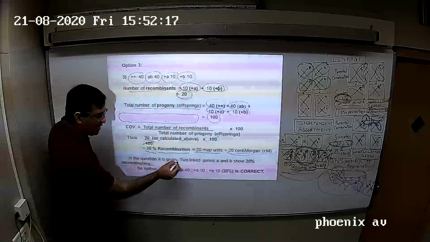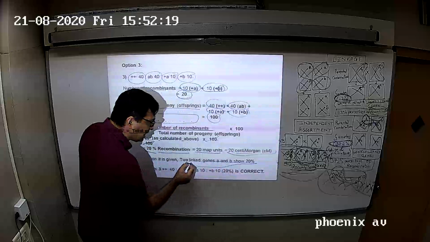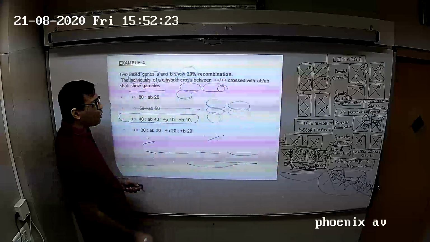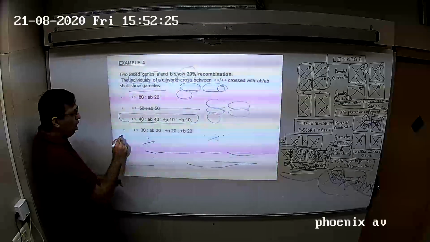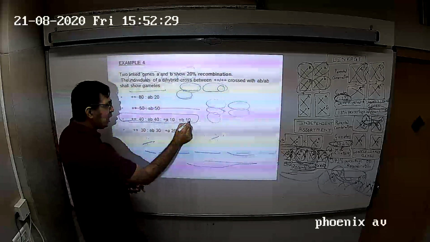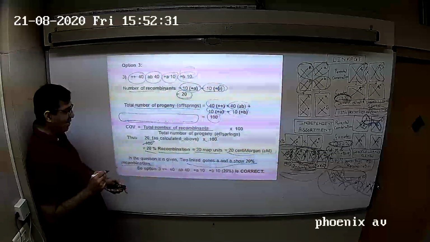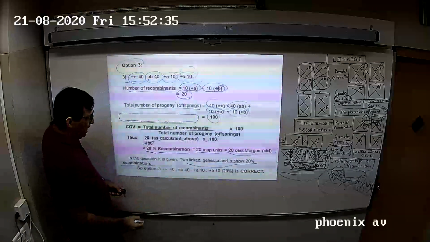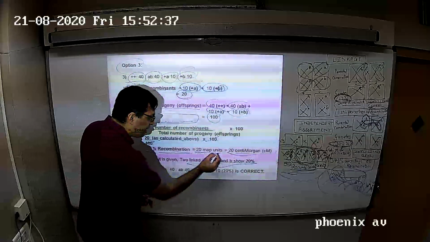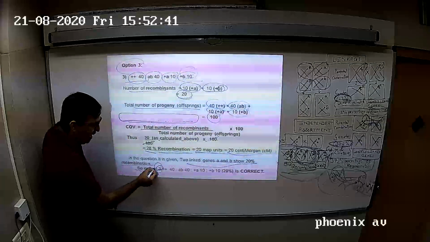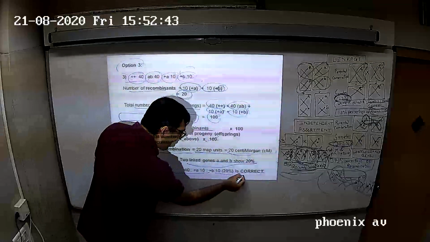In the question it is given two linked genes small a small b show 20% recombination. And what has your third option shown? Your third option has shown that this combination is 20% recombination. That means option number 3 is correct.